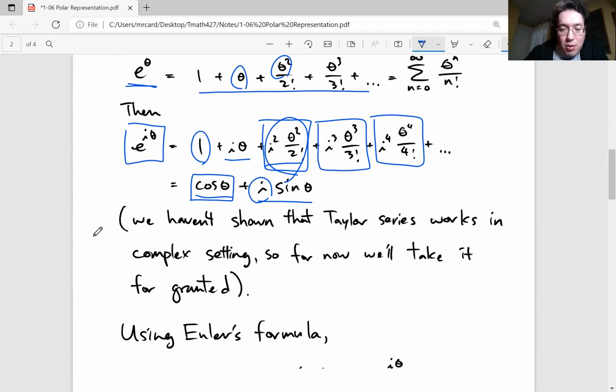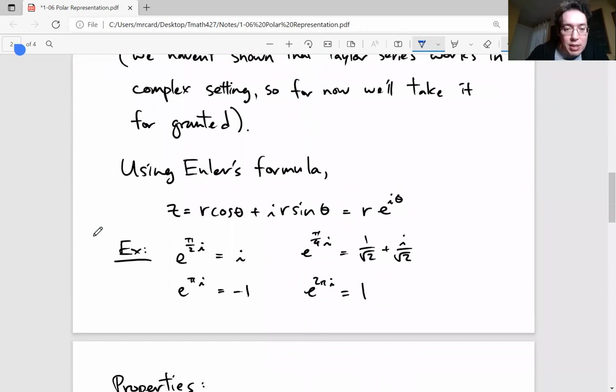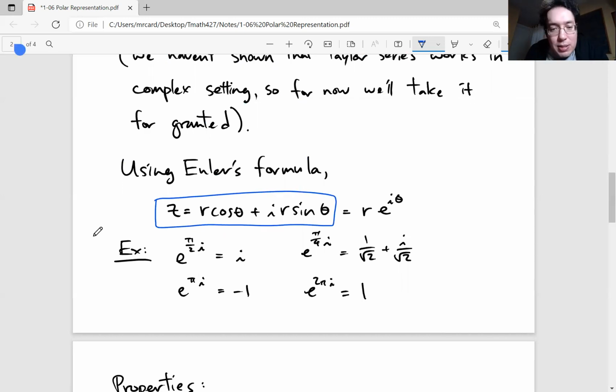So I'm just rewriting that. If we had the modulus and argument of the complex number, you could rewrite that complex number in terms of the modulus and the argument: r cosine theta plus i r sine theta.